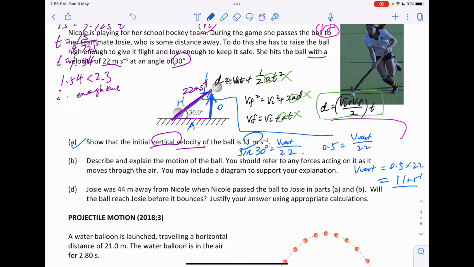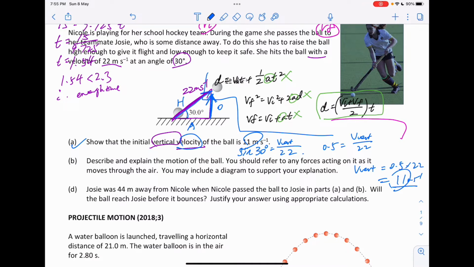I see. So what you're going to say is, it starts with a vertical velocity of 11 meters per second, and then it decreases. Wait, no. Yeah, it does decrease.